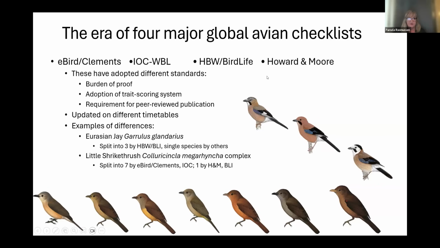And that was basically adopted by Howard and Moore. The others, of course, prefer to have that, but in some cases made decisions on other bases.